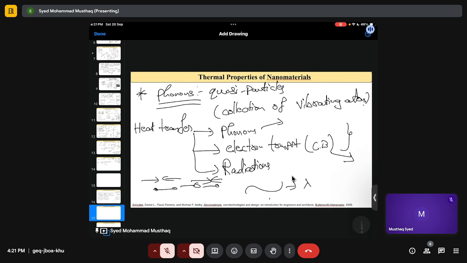Then you can define that it has energy E. You can even define them as elastic waves, because we assume the atomic vibration, so these two atoms are vibrating, then we assume this atomic bond as a spring. That's why we call it an elastic wave.